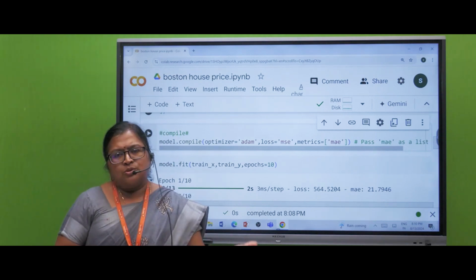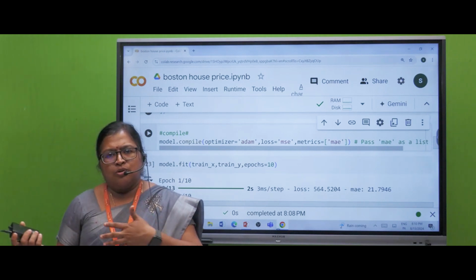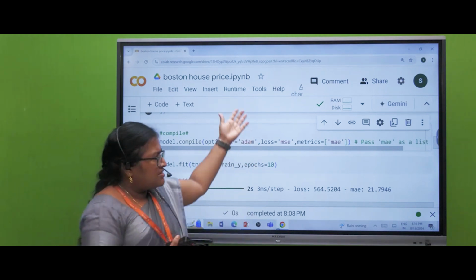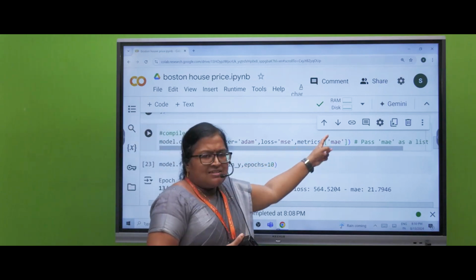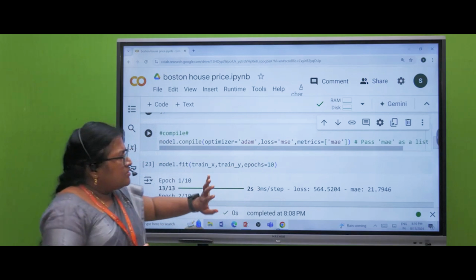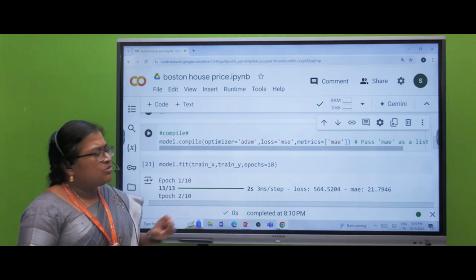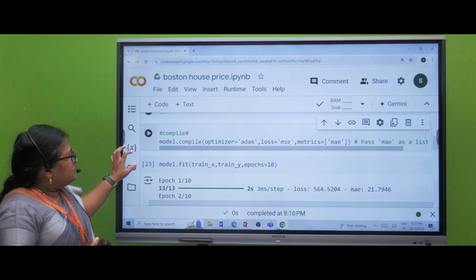To calculate the R2 score, we use either MSE or MAE. So here, instead of accuracy, I am giving MAE. This is what compile does. These things are common to any deep learning problem.